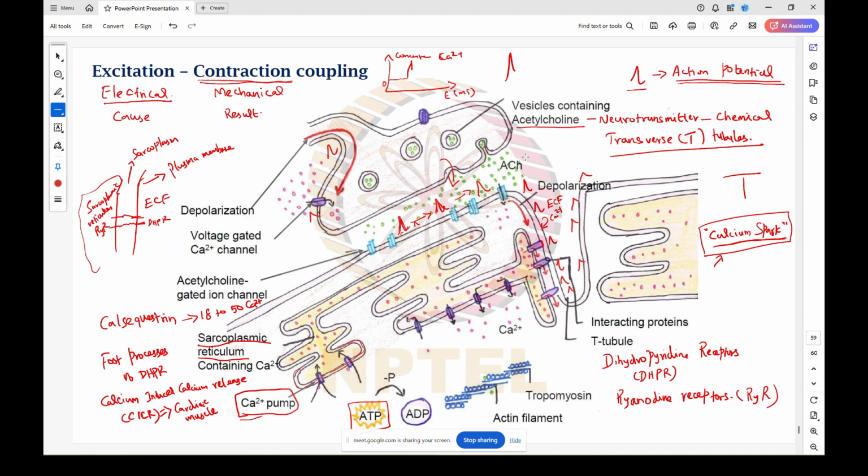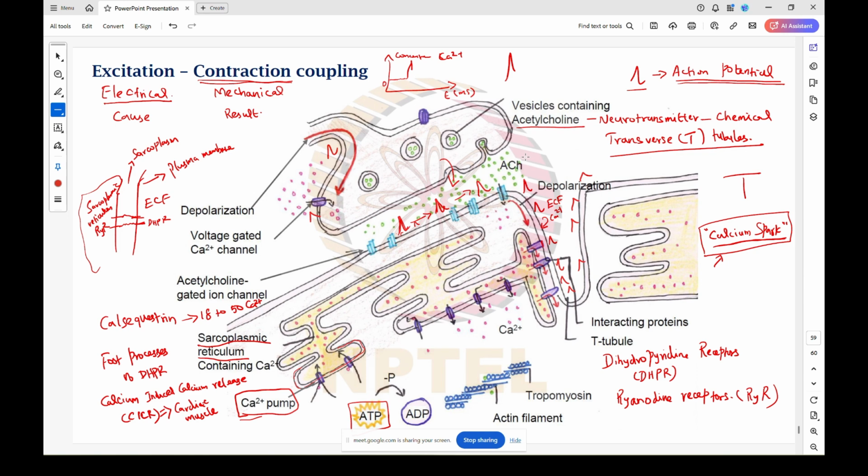This influx of calcium ions from the extracellular fluid into the sarcoplasm induces more outflux of calcium ions from the sarcoplasmic reticulum into the sarcoplasm as well.